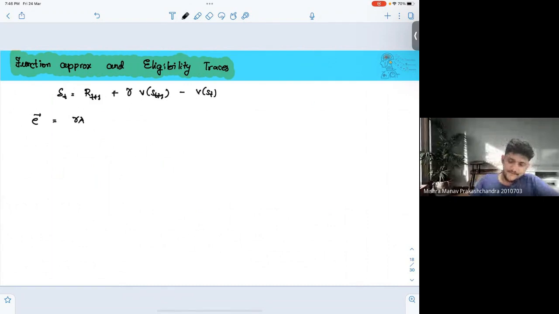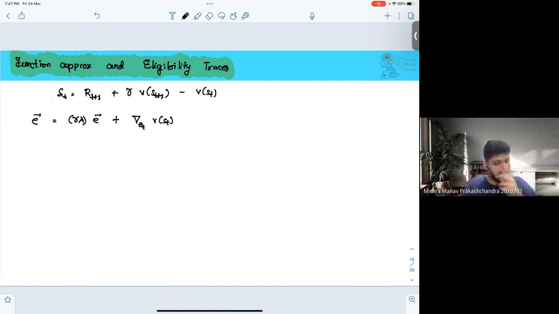I have gamma lambda times the eligibility plus, instead of keeping track of the eligibility one that I have, when I do a parameterized representation, I need to keep track of the gradient of the value function here. So I have this thing times v of st, right? And once I have that, my theta update term looks like this.